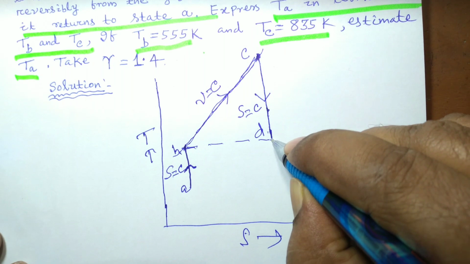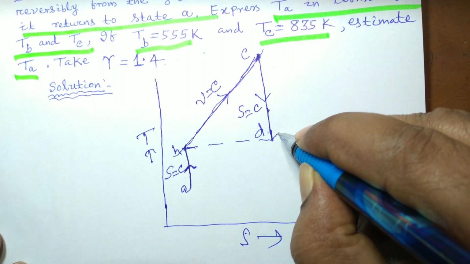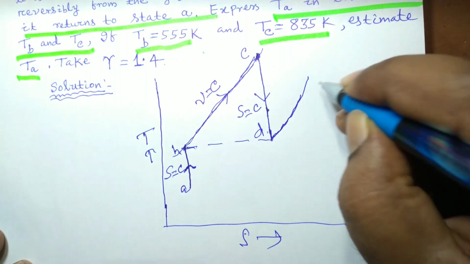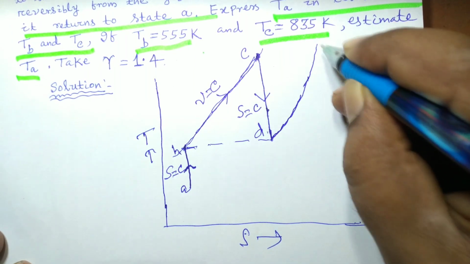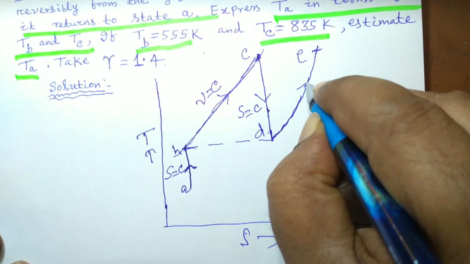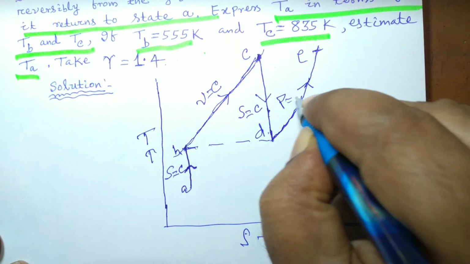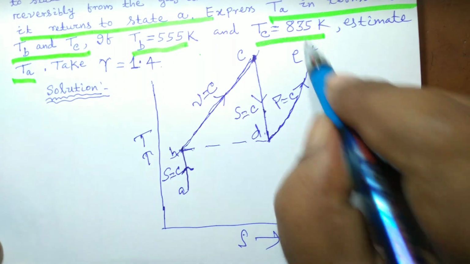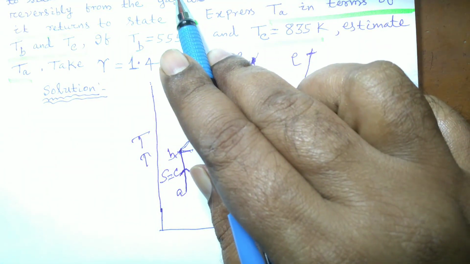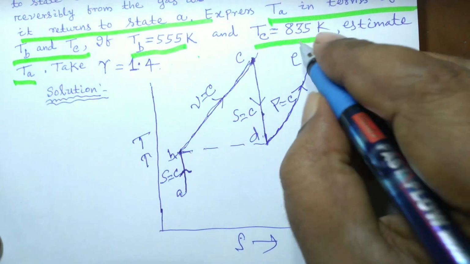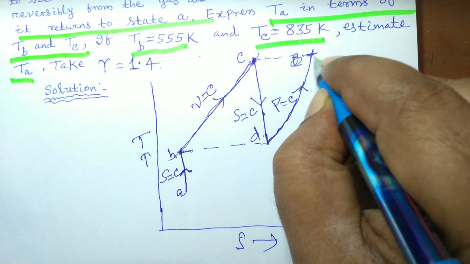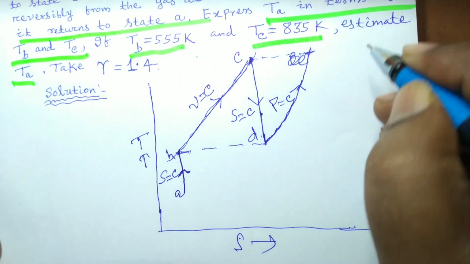Now again another heating process, and this is a constant pressure heating. This line is for pressure equal to constant, and this heating takes place in such a manner that at the end of the process Te becomes Tc. This is state E.